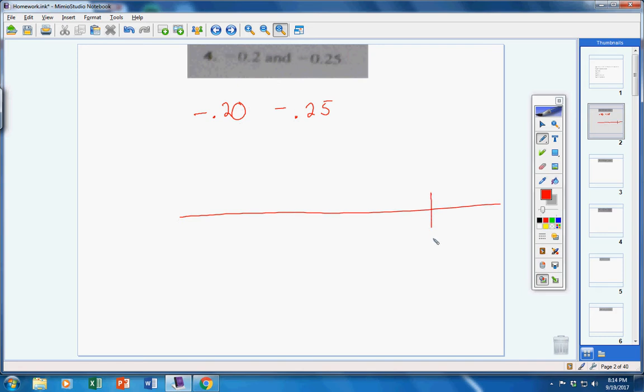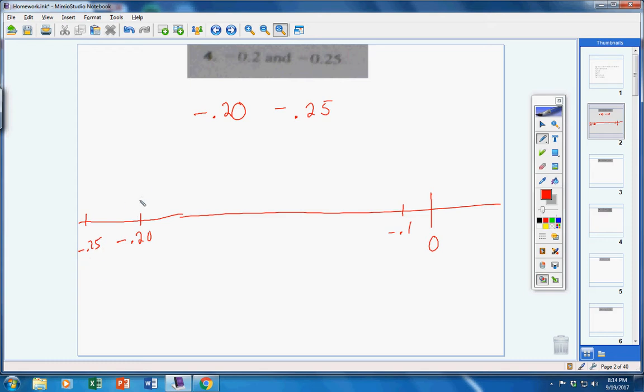For example, here's 0, here's negative 0.1, 0.2, 0.3, and then negative 0.20. And then a little further out, negative 0.25. Okay?